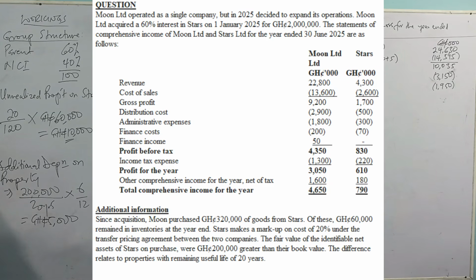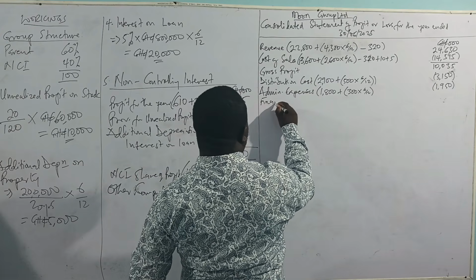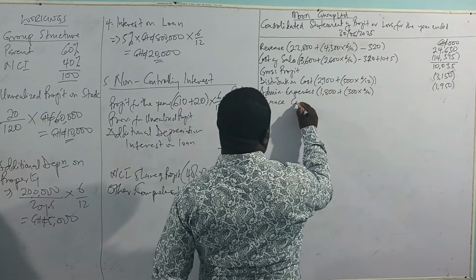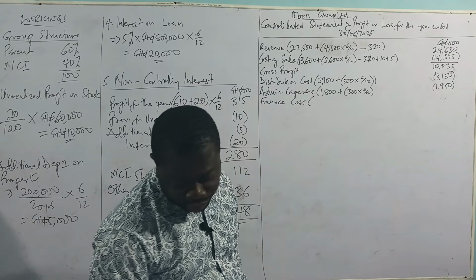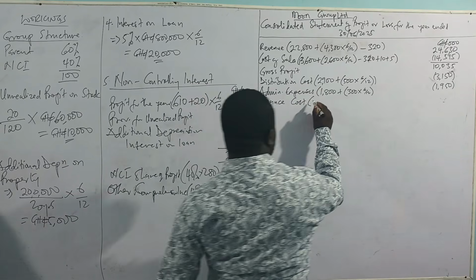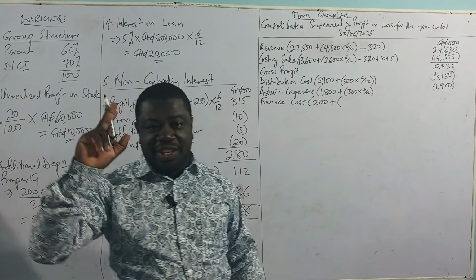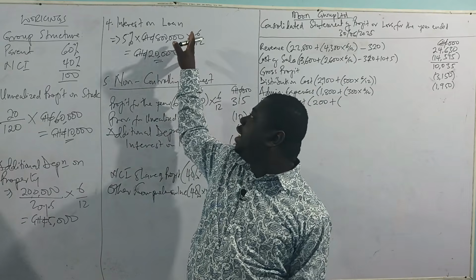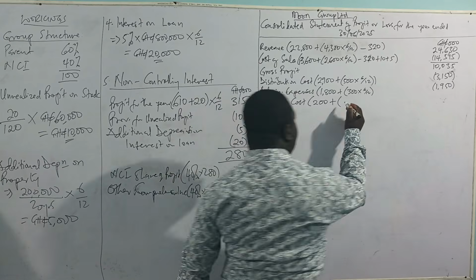There is finance cost. Now, with the finance cost, this is what we are going to do. Remember that we are going to take the 20 out of that of the subsidiary. So finance cost for the parent is 200, plus that of the subsidiary, which was 70. But because we have to take out the 20 here as an intra-group cancellation, we'll be left with 50.